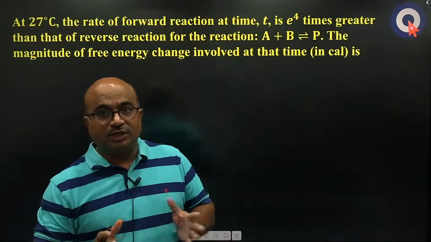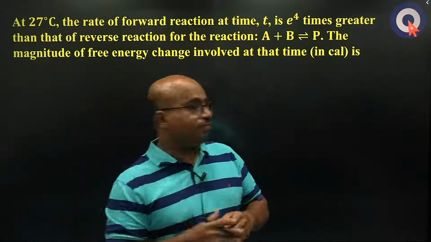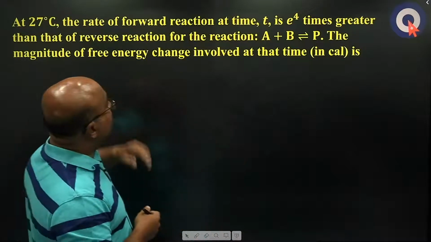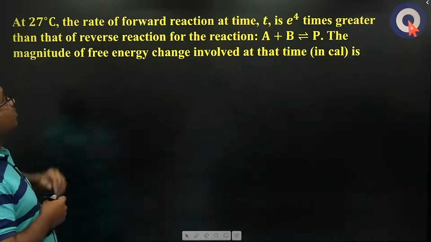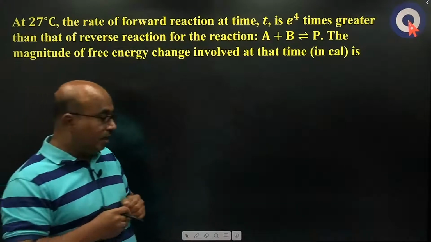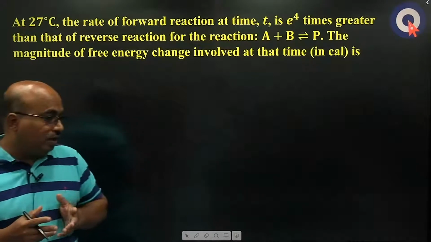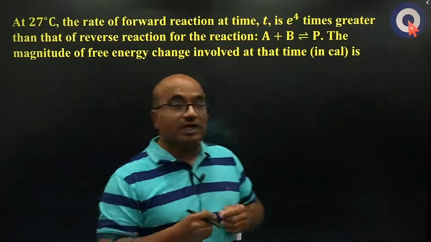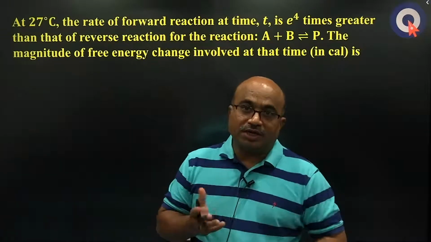That is, delta G becomes equal to 0. This numerical application is based on that only. That is, at 27 degrees centigrade, the rate of forward reaction at a time t is e to the power of 4 times greater than the rate of backward reaction.